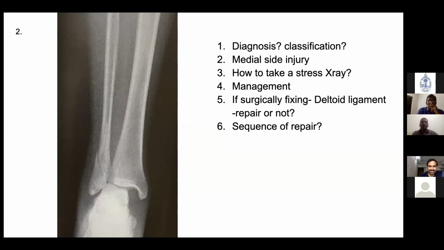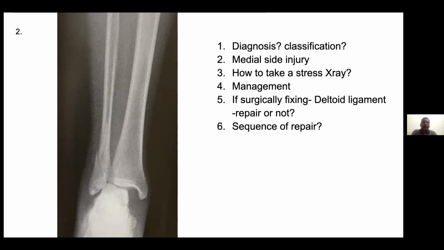What is the diagnosis in this condition? Lateral malleolus fracture with deltoid ligament injury. Yes, very good. So it's a lateral malleolar fracture. You can see the opening of the medial side.